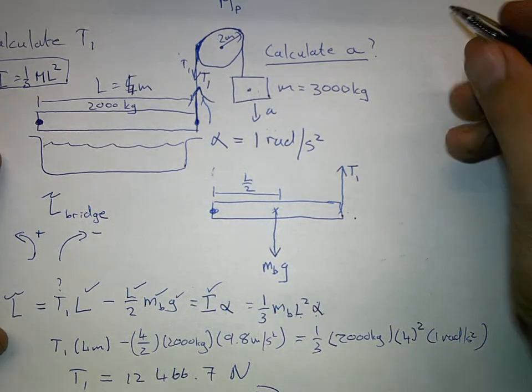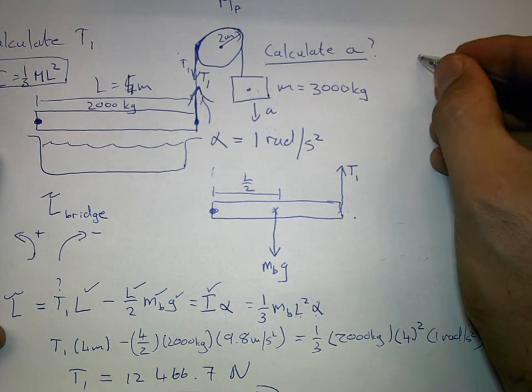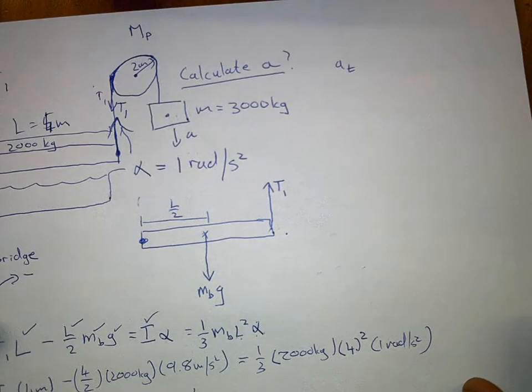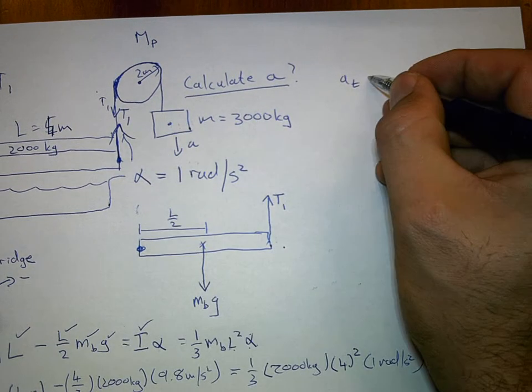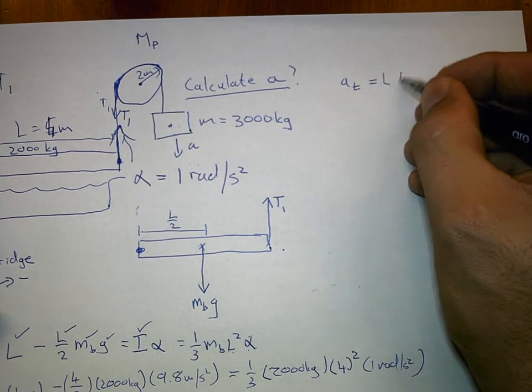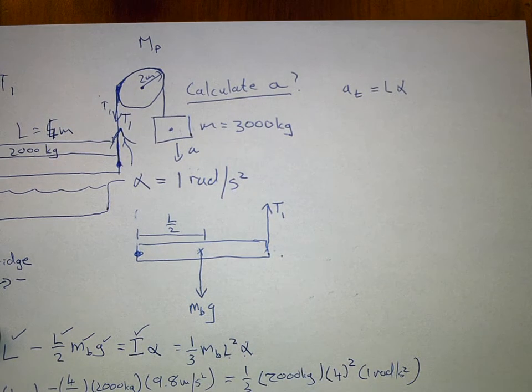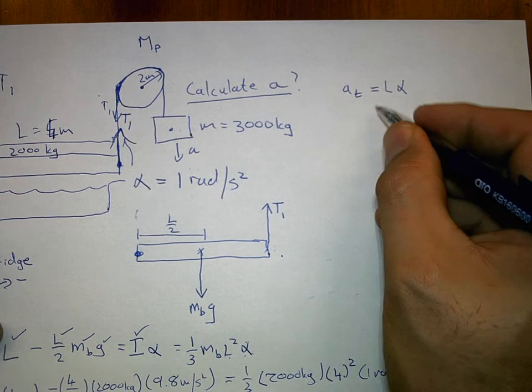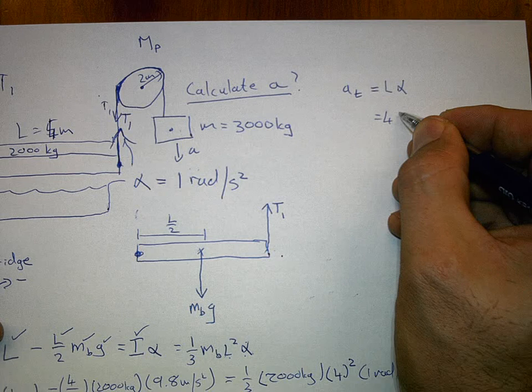So the tangential acceleration of this end of the bridge is just equal to its length times the angular acceleration of the bridge. So this is equal to 4 times 1.